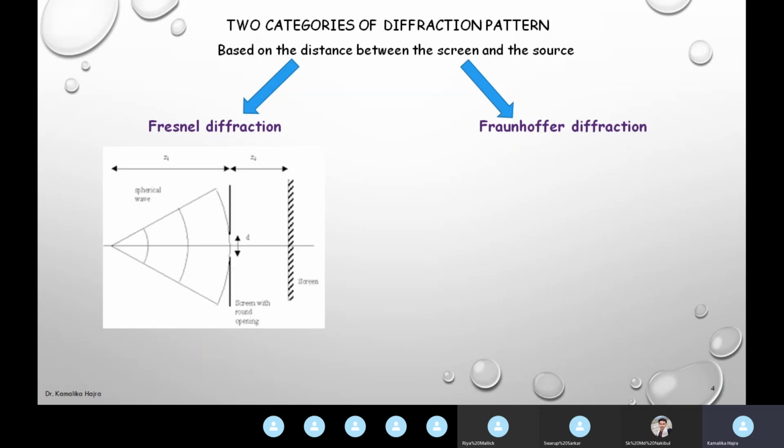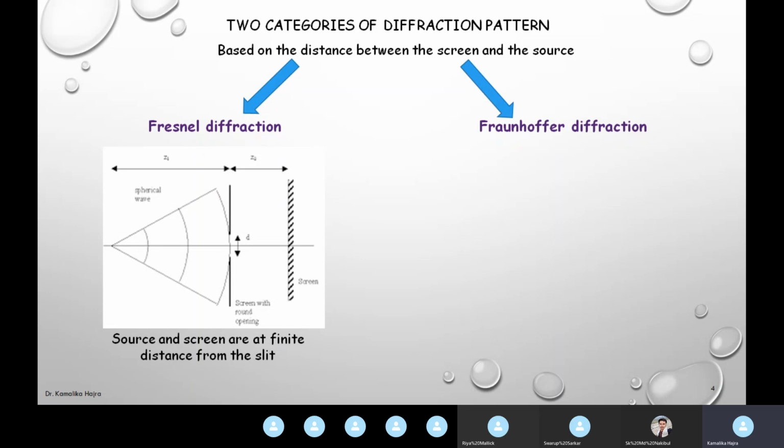So what is Fresnel diffraction? In Fresnel diffraction, the source and the screen are at finite distances from the slit. So if this is the slit, this is the source and this is the screen, when the source and the screen are at finite distances from the slit, the kind of diffraction pattern that is produced is known as Fresnel diffraction.